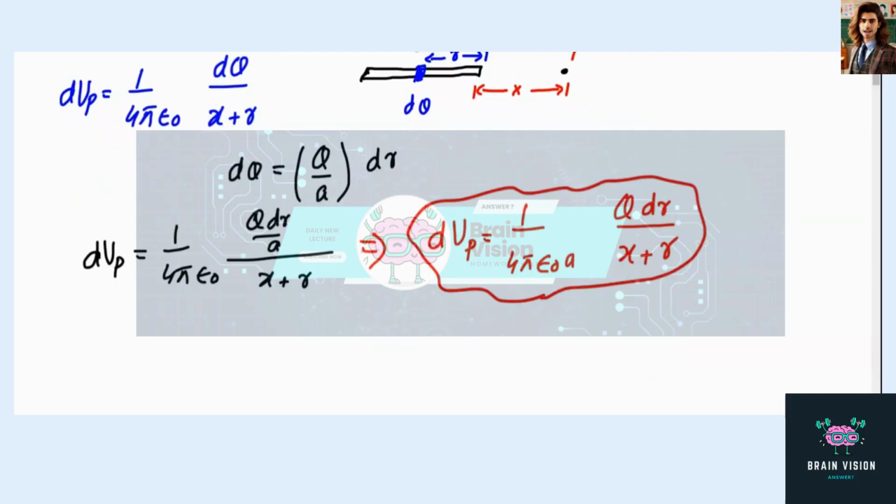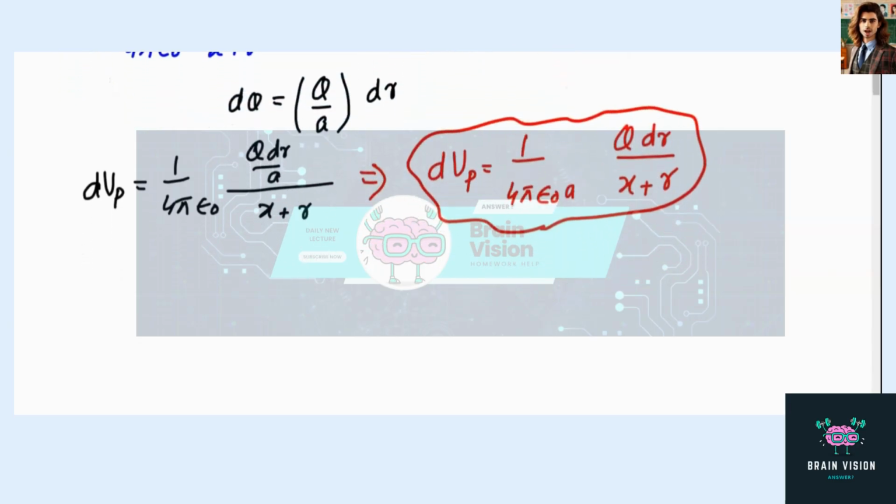on the rod. Now we can find the total electric potential due to this rod at point P by integrating this relation, that is electric potential at P due to the rod equal to integration of dVp from 0 to a.